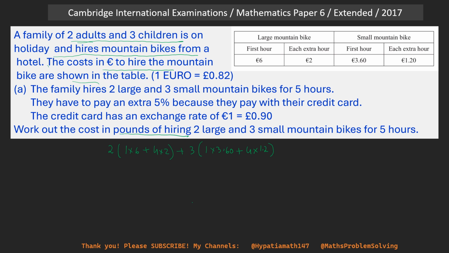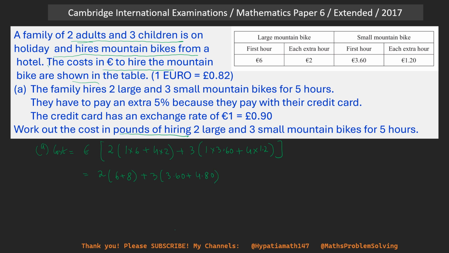So we can say that this is part 1. So cost equals, and this is all in euro. We will change into pounds later. The cost in euros is 2 times 6 plus 8, then plus 3 times 3.60 plus 4.8.